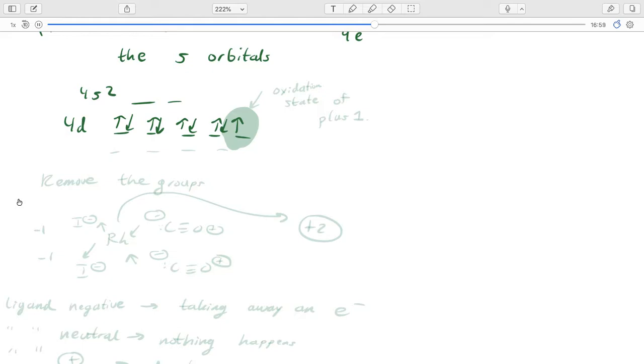Not in this reaction, though. So yeah. Because it has this 1 unpaired electron, and these other 8 are paired up, this lone electron right here will give it an oxidation state of +1.